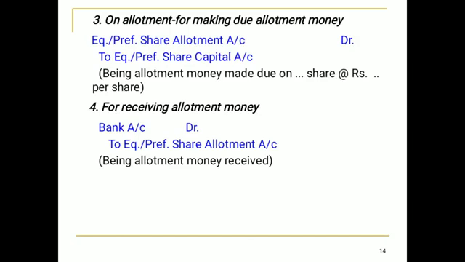The journal entry for this is share allotment account debit to share capital account, being allotment money made due on so and so shares at rupees so and so. This will be clearly mentioned in your question. And the next journal entry is for receiving allotment money, which is bank account debit to share allotment account.